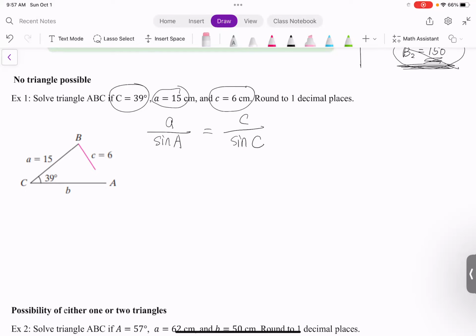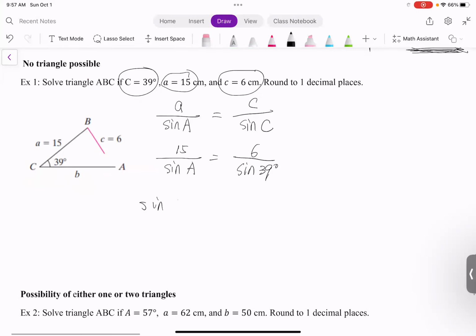Put the given information in it. So a is 15, sine A is not given, c equals 6, and sine C is sine 39 degrees. So I can find my sine A. How to find sine A? Maybe I can flip the top and bottom on both sides.